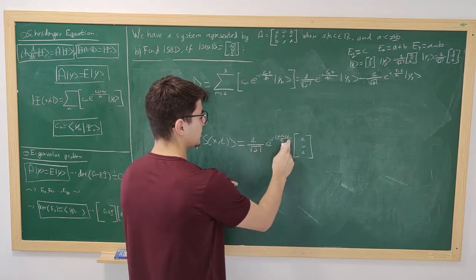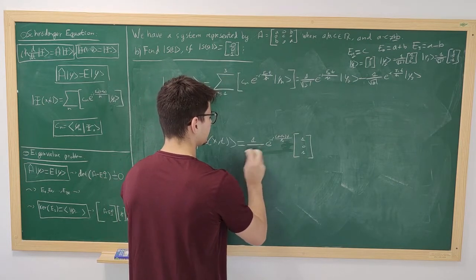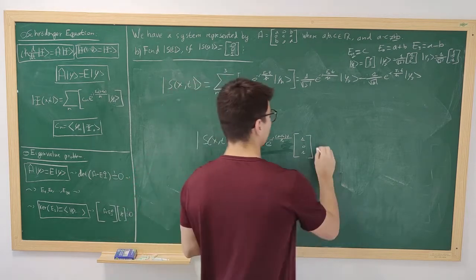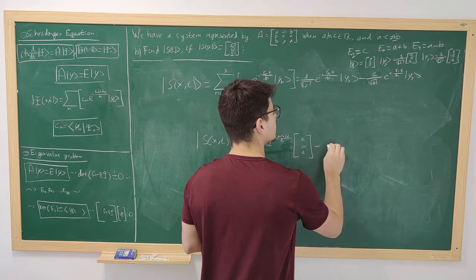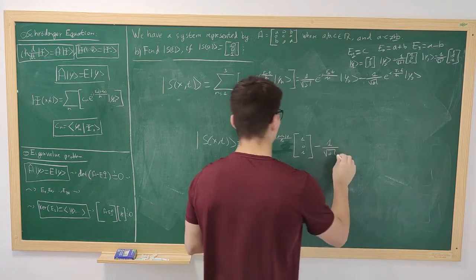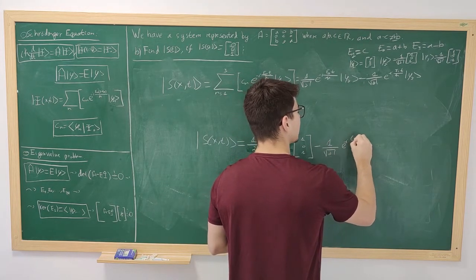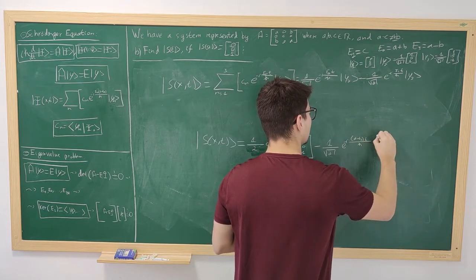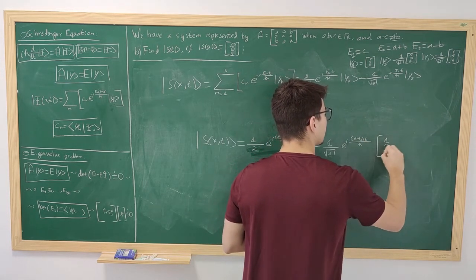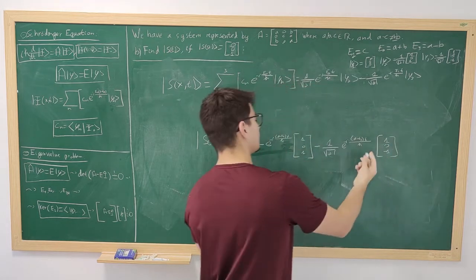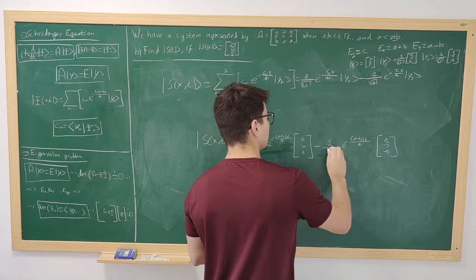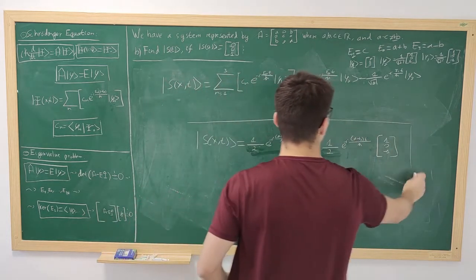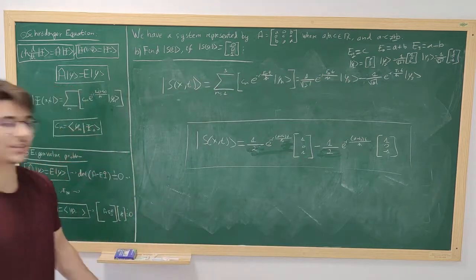So this times this is just 1/2. And minus 1 over the square root of 2, e to the minus i, a minus b, t over h bar, times 1, 0, minus 1. We have another 1 over square root of 2, so this becomes 1/2. And this would be the time evolution of our system.